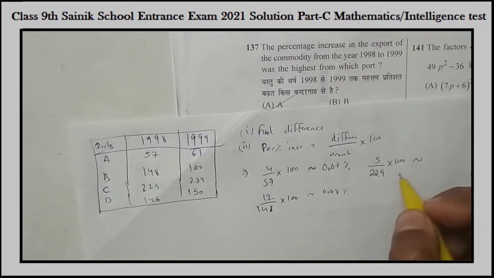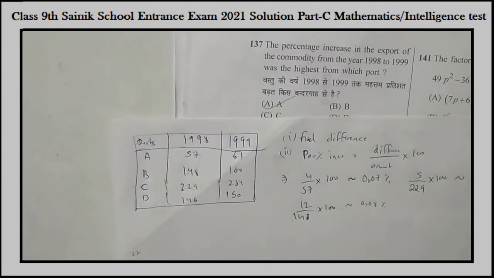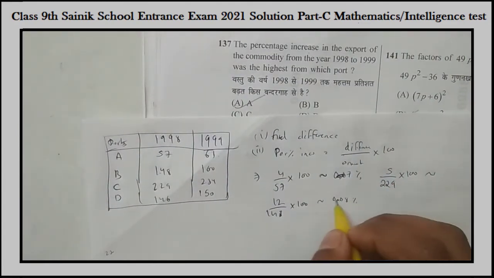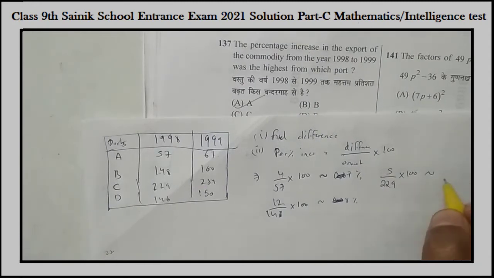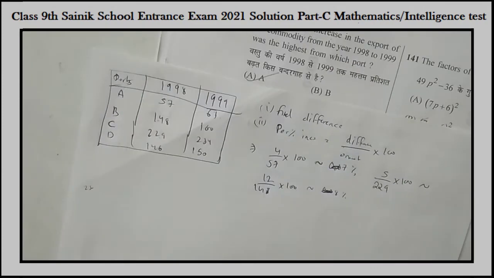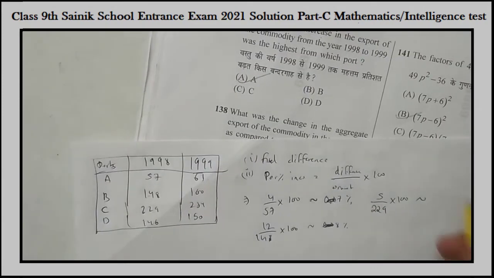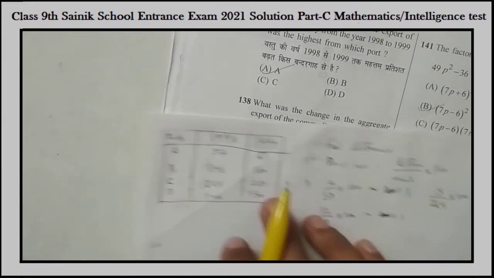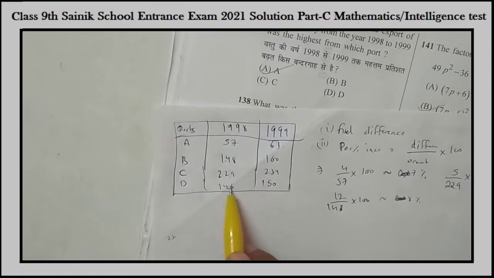It will be nearly equal to, sorry, the value here is 7% and this value is 8%, and the value over here will become approximately 2%.